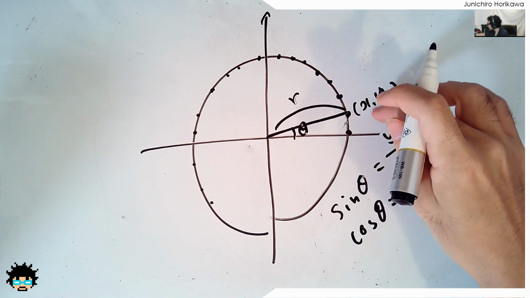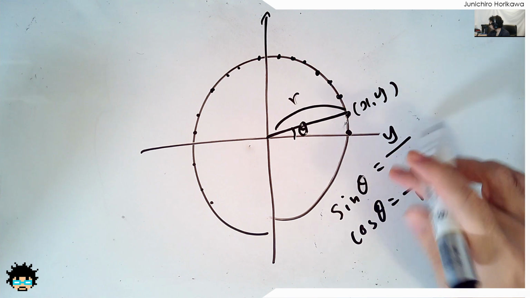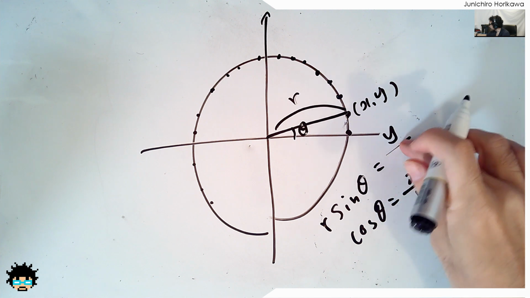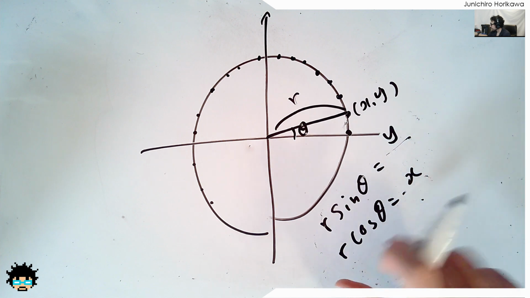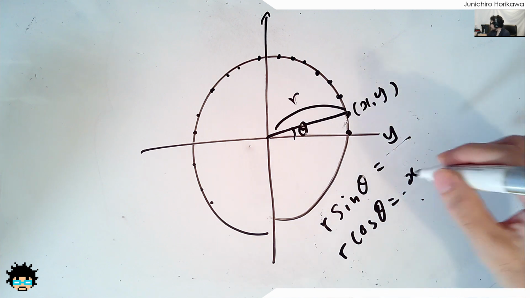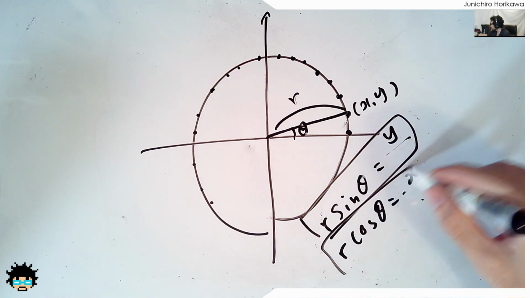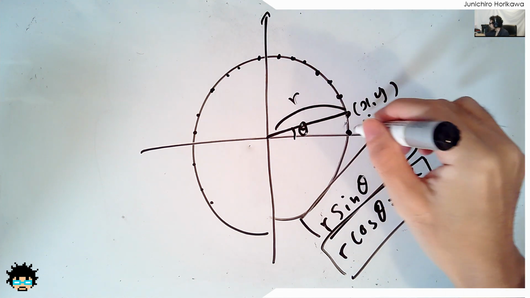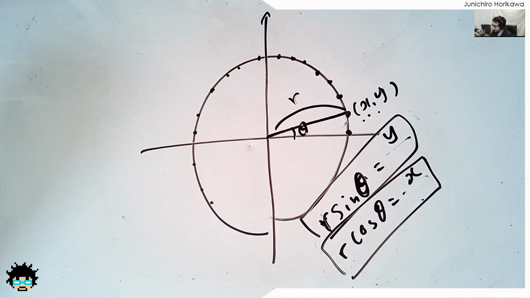And if you want to know the coordinates x and y, what you need to do is bring this r to the left side. So multiply r on both sides, then on the right side the r will disappear, and the r comes to the left side of the equations, and as a result you'll get the y value from r sine theta and the x value from r cosine theta. So that's how you can calculate the coordinate for the point on a circle using the angle with the radius.